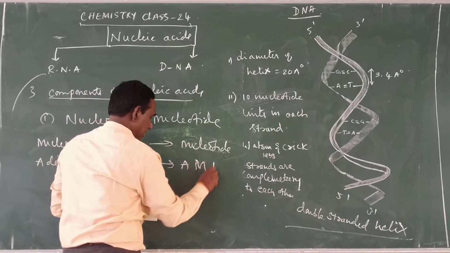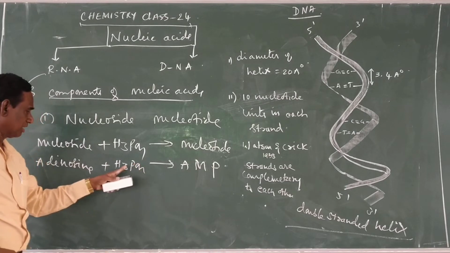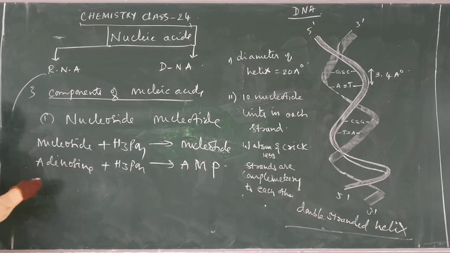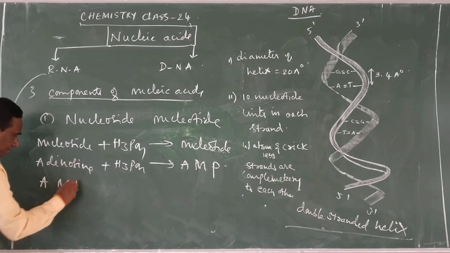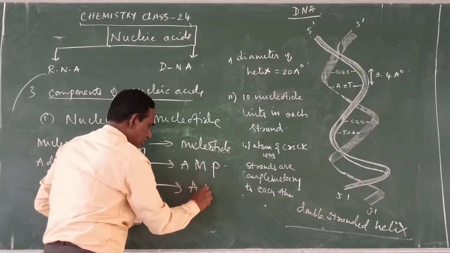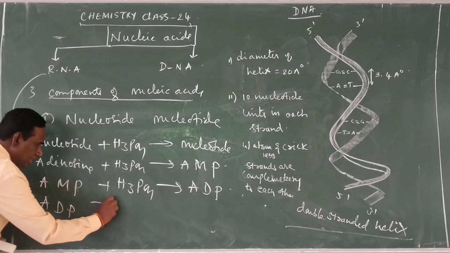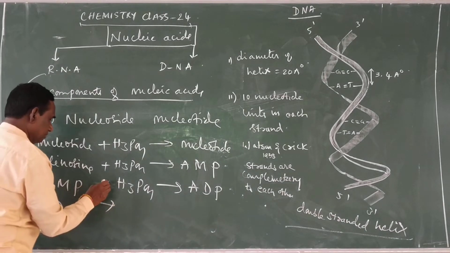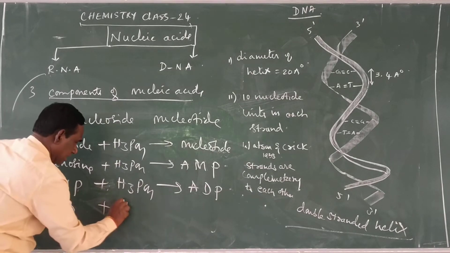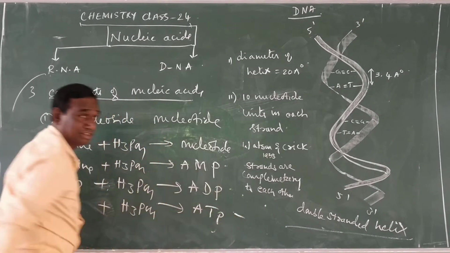Phosphoric acid is added to adenosine. When one more H3PO4 molecule is added, you will get adenosine diphosphate. To this adenosine diphosphate, you can link one more H3PO4 and get adenosine triphosphate, which is called the energy currency.